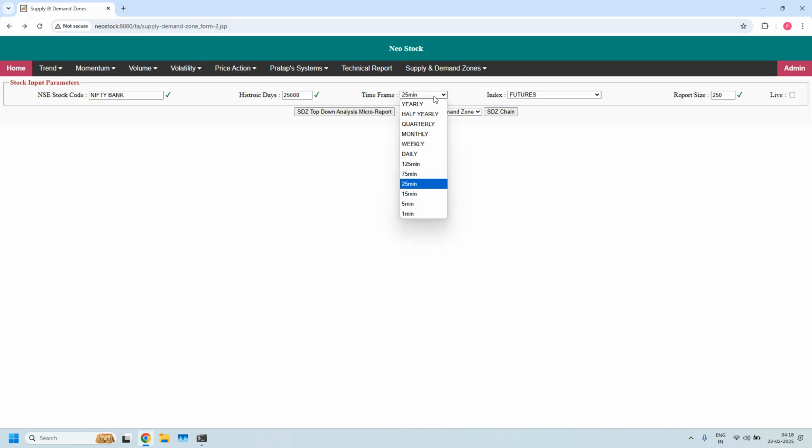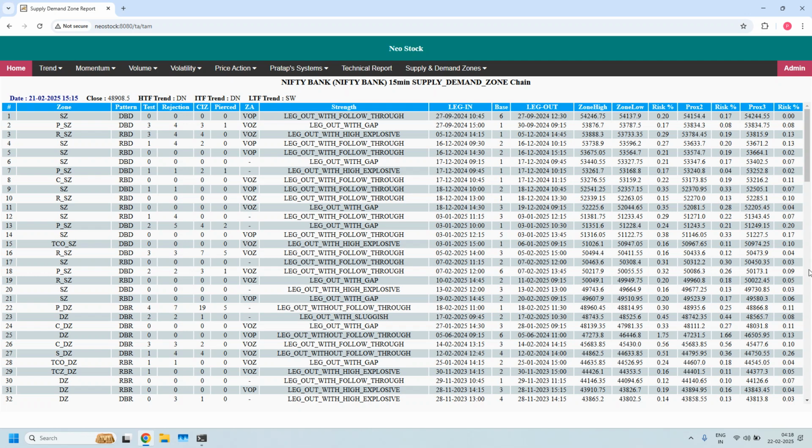Next, 15 minutes supply demand zone chain for Bank Nifty. 22 is the nearest demand zone to the current closing price, the pierced demand zone. So let me put it in the center, slightly adjust.